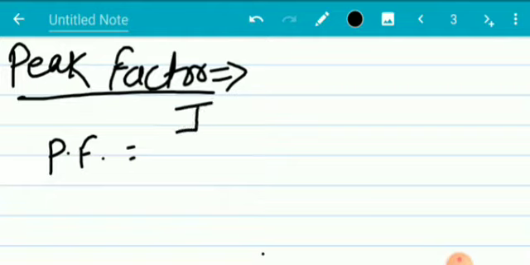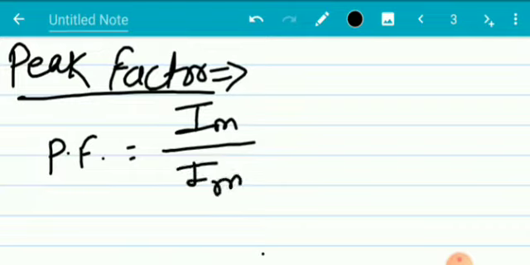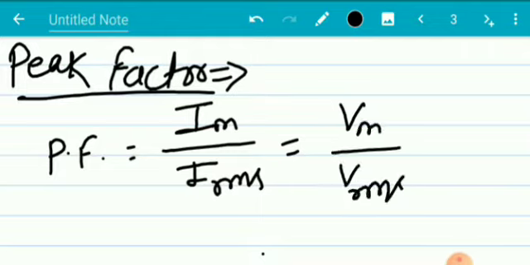That is, let us say, I max divided by I RMS, or V max divided by V RMS. This is the peak factor.